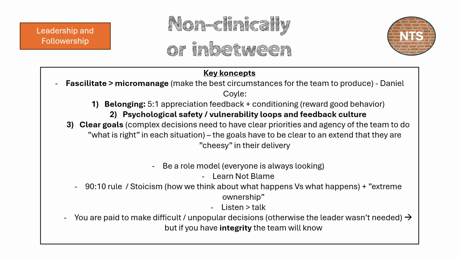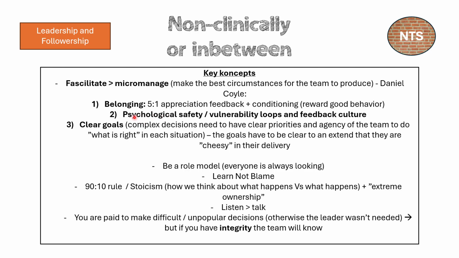Like, you did that and that was really good. That's good appreciation feedback. And then reward good behavior, maybe especially instead of, like with children, right? Maybe especially instead of punishing bad behavior.